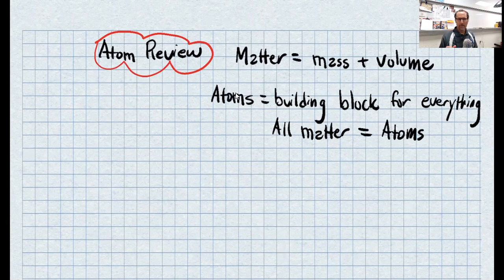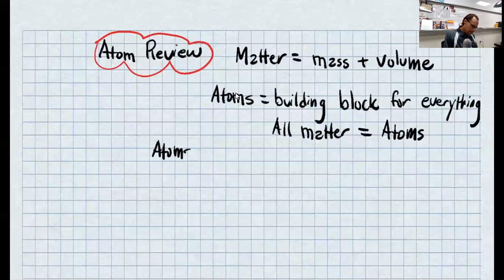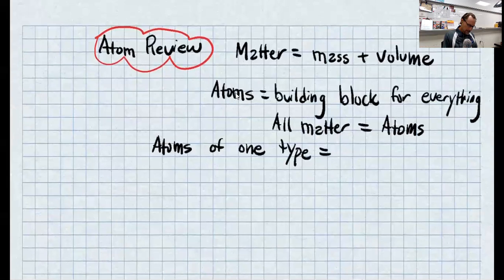Everything in our universe, from the air that we breathe, ourselves, the earth, the solar system, the universe, everything is made up of atoms. And so when I break everything down into its simplest component, that is going to be atoms. And when we look at atoms of only one type, that then will be an element.